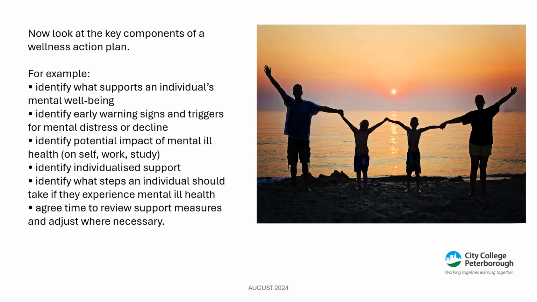Identify potential impact of mental ill health on yourself, in work or study. Identify individualized support. Identify what steps an individual should take if they experience mental ill health. And agree a time to review support measures and adjust them where necessary and if necessary.